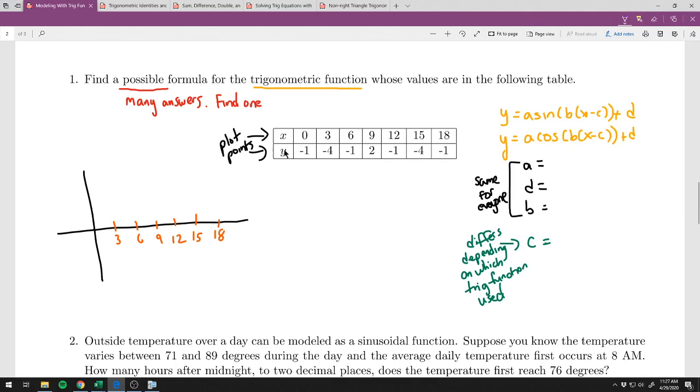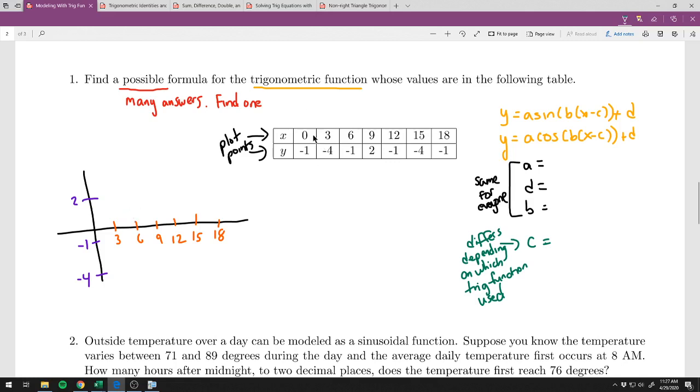The y values that we're seeing pop up here are -1, -4, and 2. So that's all I'm really going to put on the y-axis: 2, -1, -4. You can try to draw it scaled out pretty well, but as long as your numbers make sense, you know, -4 is below -1, which is below 0, which is below 2, that sort of thing. That's really what you care about.